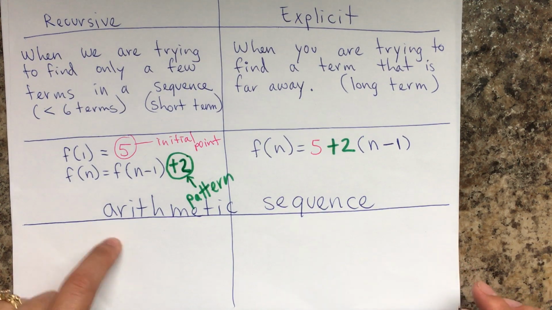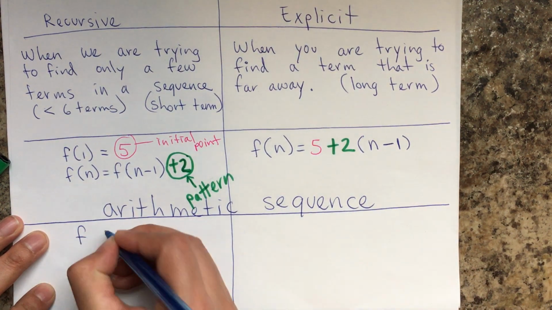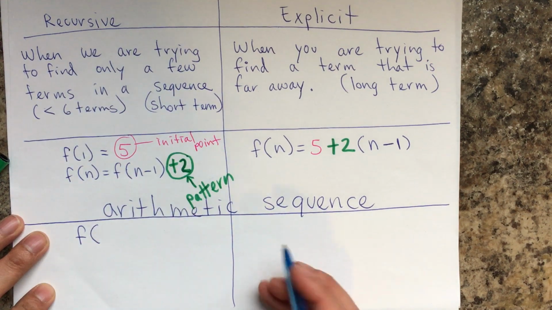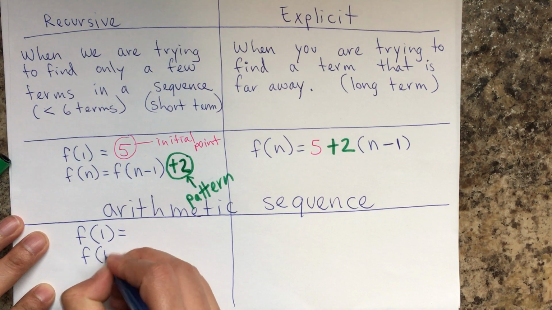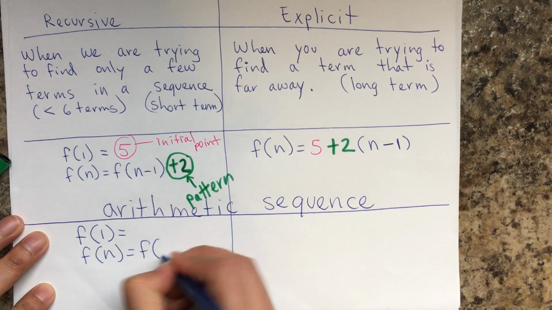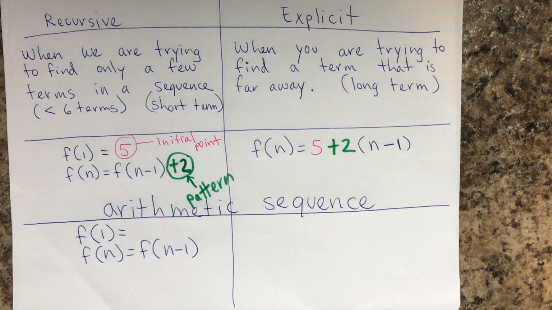Okay, so what about a geometric? How would it look? Again, for the recursive, it's always going to be f of 1, f of n equals f of n minus 1. And geometric, it just means that you're multiplying. You can multiply by a fraction, which is similar to division, or you can multiply by a whole number.